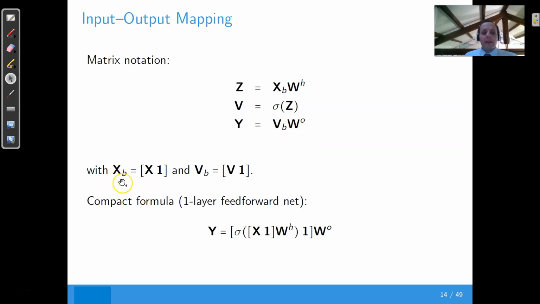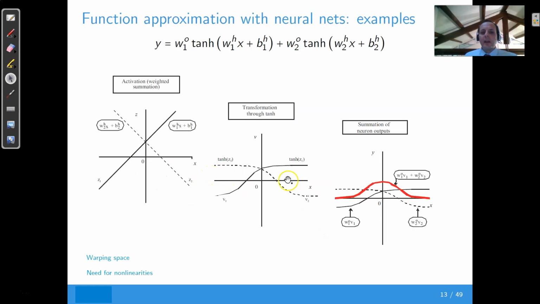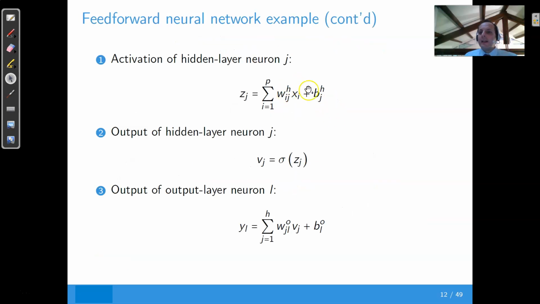Of course, xb here is x with a column of all ones, because in order to simplify the notation, normally the bias b, which is an unknown in the neural network, is included as a weighting parameter multiplied by a constant input, which is 1.